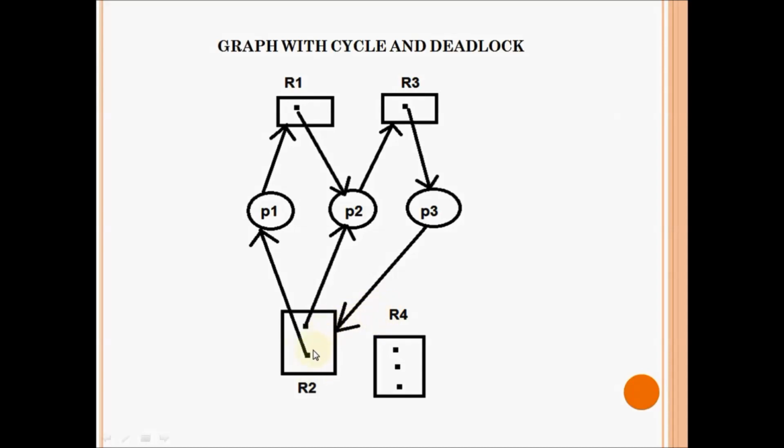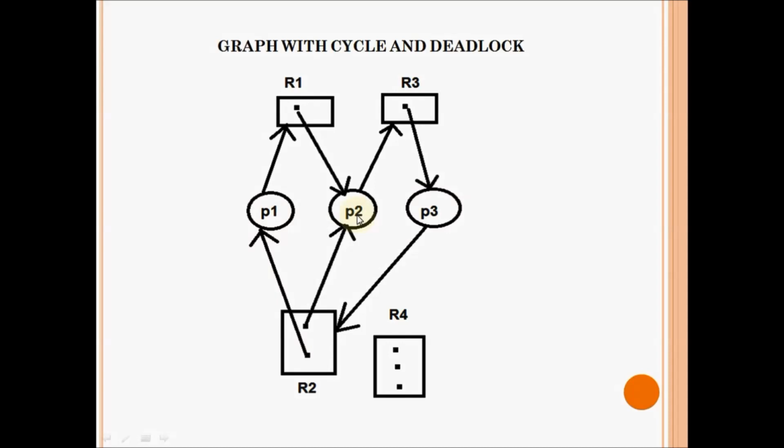But R2 is already in use: P2 is already using R2 and P1 is also already using R2. So that's why I can't allocate R2 to P3. So P3 can't continue or complete its execution. Getting it, guys? P3 can't complete because P3 needs R2, but R2 is already in use by P1 and P2.